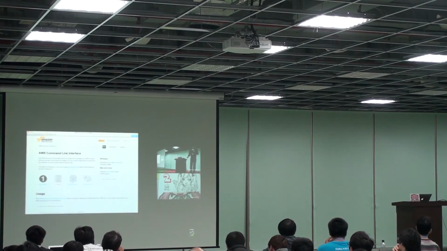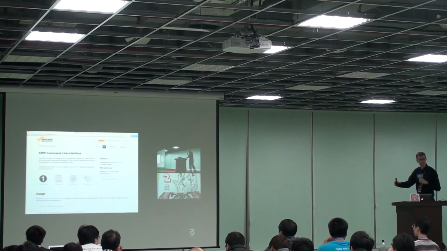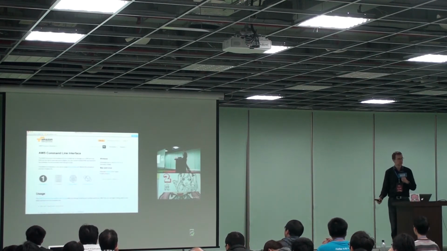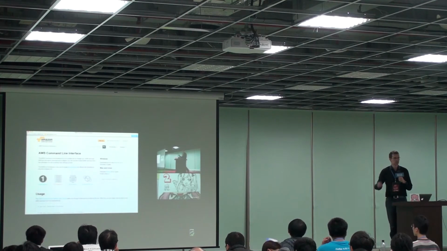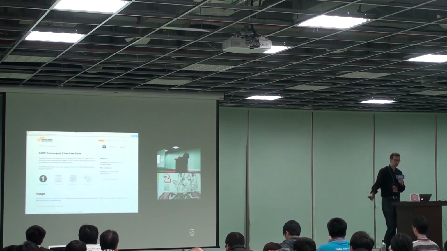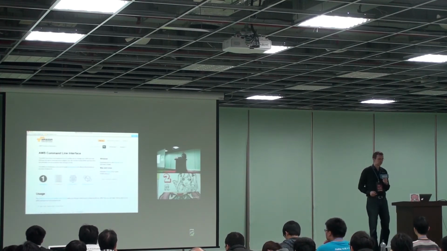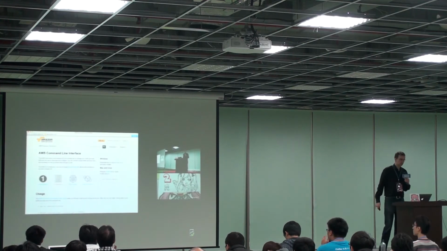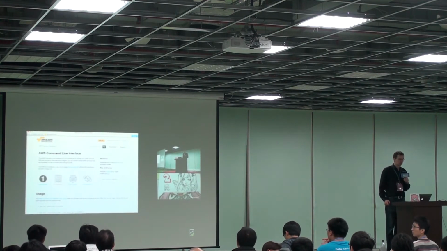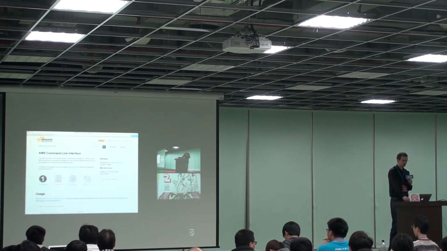You can't really see, but you can, for example, execute aws, which is the command, ec2 is the service, run-instances. aws s3, get my files, etc. And it's really easy to install. You go to aws.amazon.com, and for example on the Mac, you just pip install awscli.